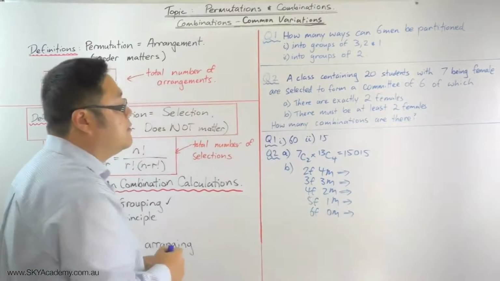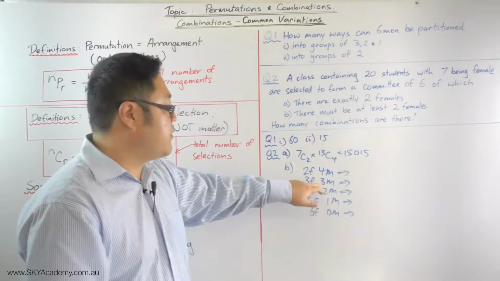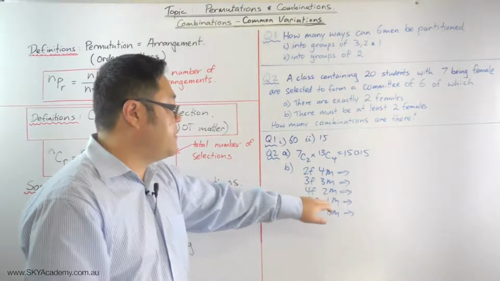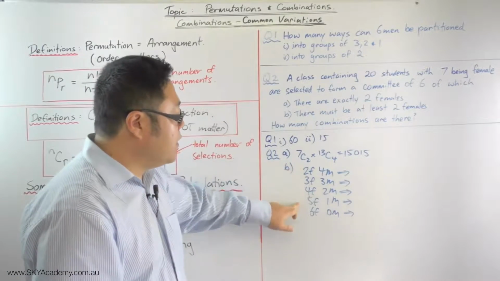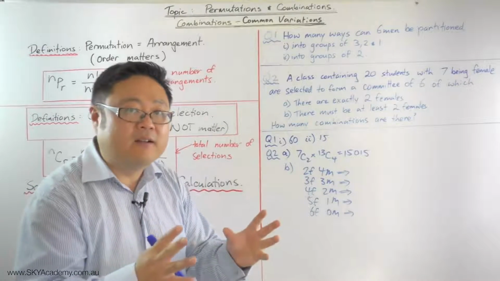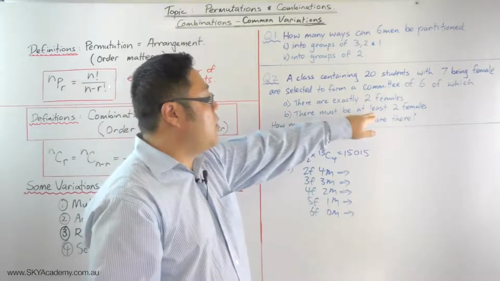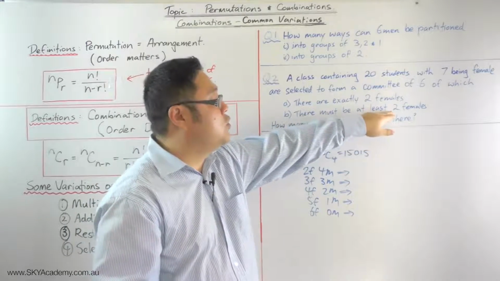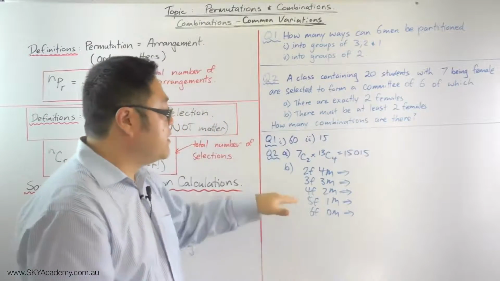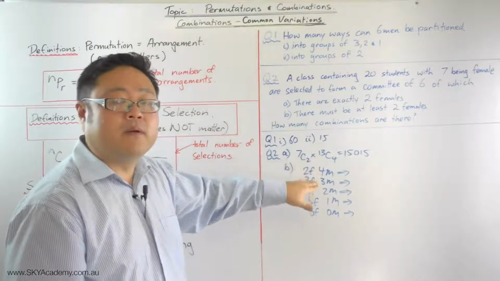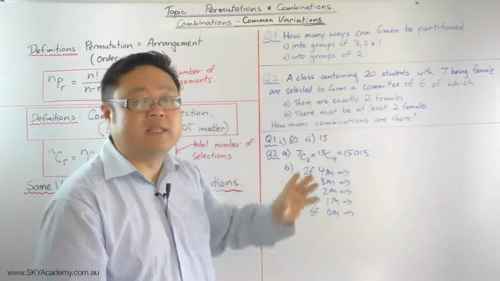So you have 2 females, 4 males, 3 females, 3 males, 4 females, 2 males, 5 females, 1 male, 6 females, 0 males, and all of those added together would give you all the committees that you could make where there is at least 2 females, because all of these conditions satisfy this larger condition.